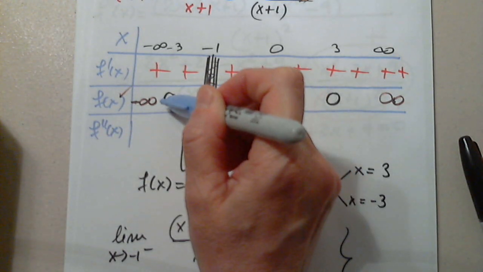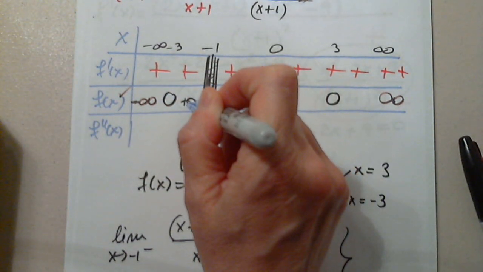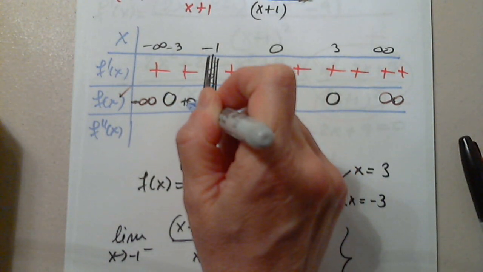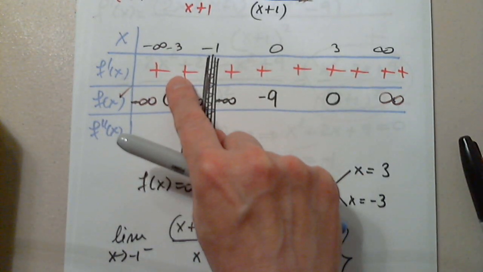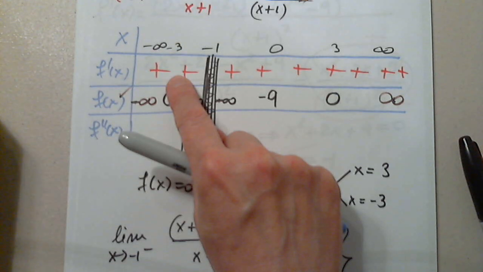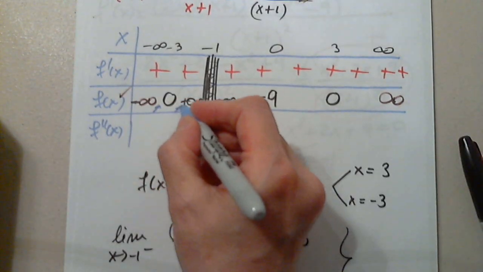Increase. Excellent. From 0 to infinity, what does the function do? Increase. Excellent. Is that supported by the sign of the first derivative? Yes. Excellent. So far we are okay.